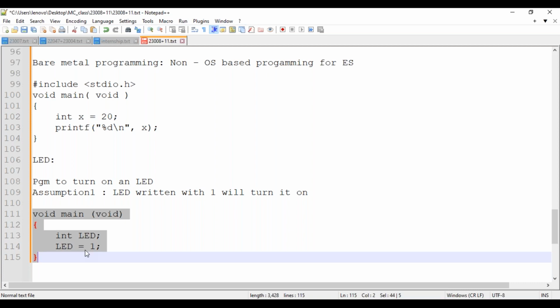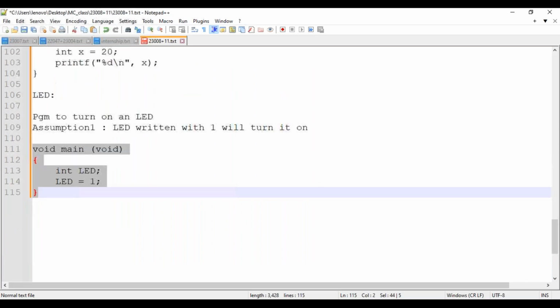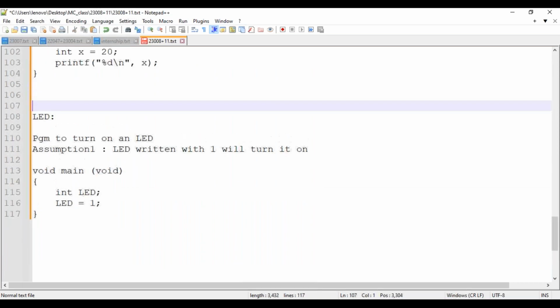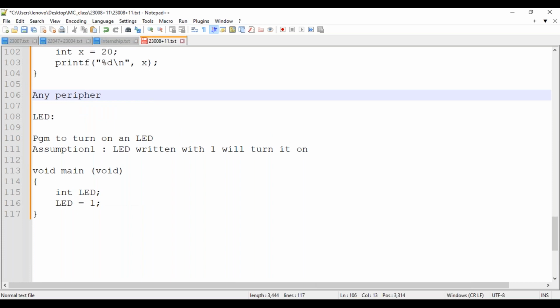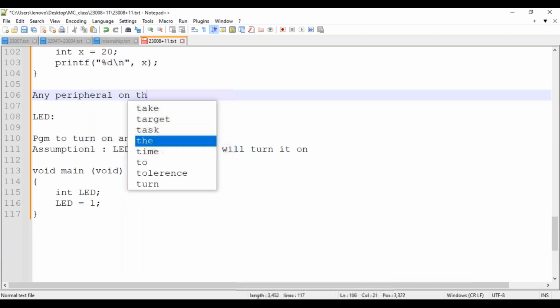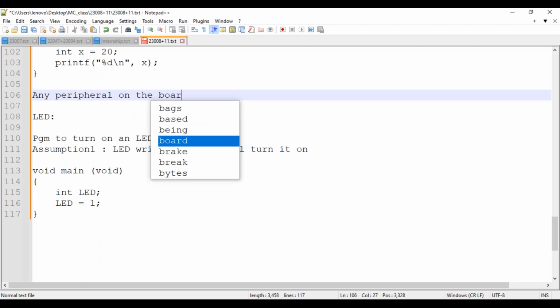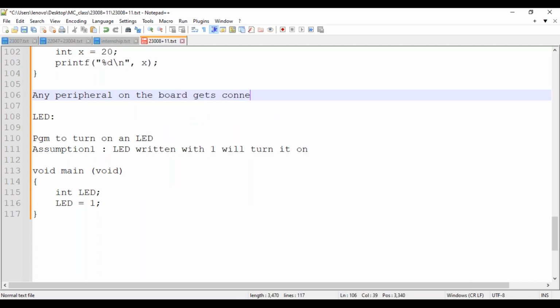Now, how to configure this? Please understand, any peripheral on the board gets connected to the microcontroller via something called port pins.